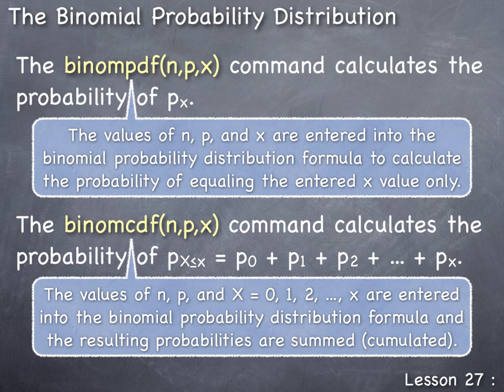Hence, the abbreviation CDF is representing cumulative. That is, it keeps a running total of all the probabilities, always starting at 0, the lowest value of x, and accumulating or adding the probabilities all the way up to the specific x value that is entered into the binom CDF command.